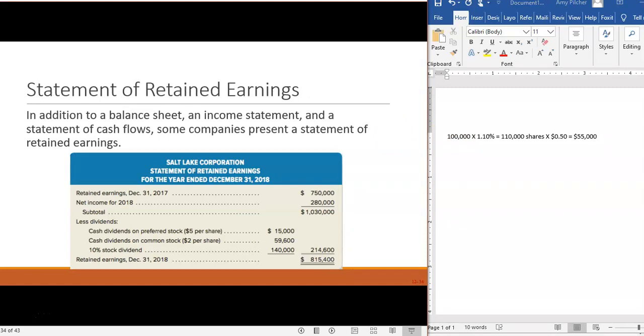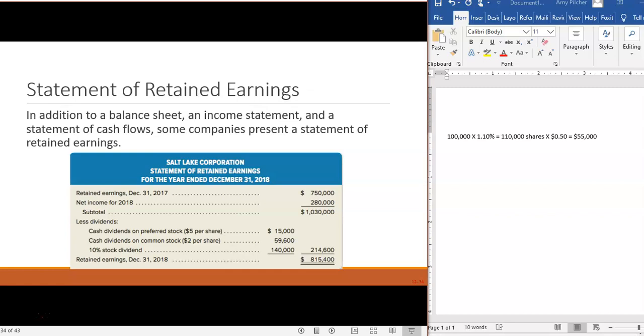Then we look at the statement of retained earnings. This is also sometimes called a statement of stockholders' equity. So we know that this is in addition to our balance sheet and income statement and a statement of cash flows. The statement of cash flows we're going to look at next week in chapter 13. Our statement of retained earnings shows what our retained earnings are.